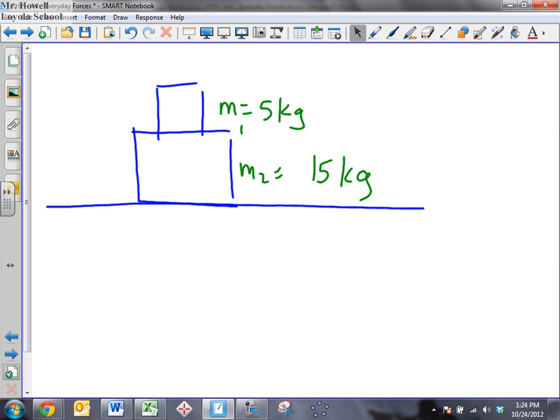So the table to the object, or that object to the other. Again, I want to know what is the normal force acting up from the ground. And then we have another normal force, we can call that 1 or 2, it doesn't matter in this case. Then we have another normal force which is provided from the lower box to the upper box.